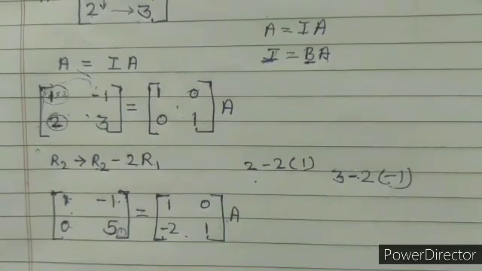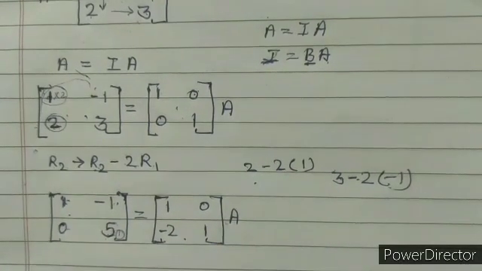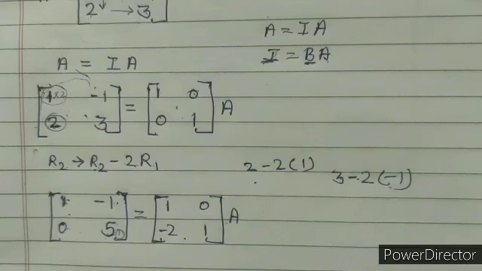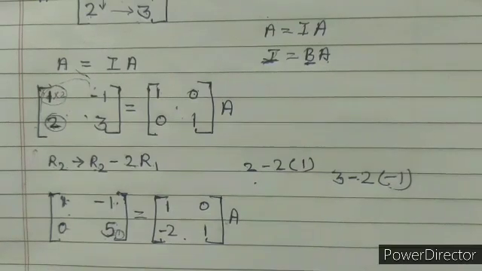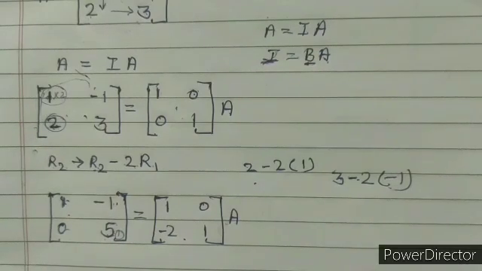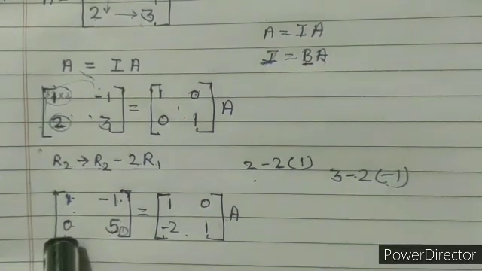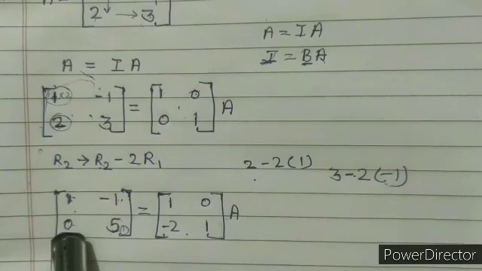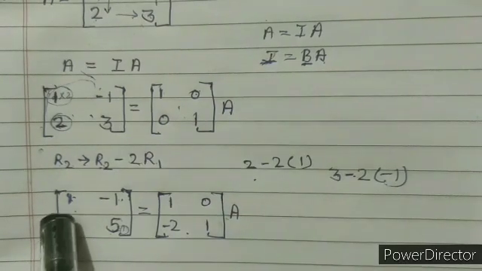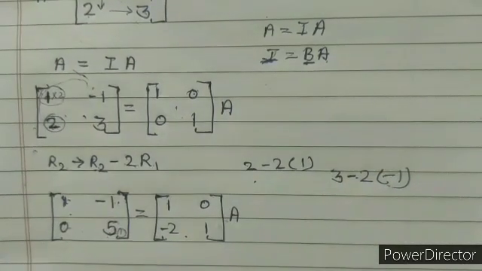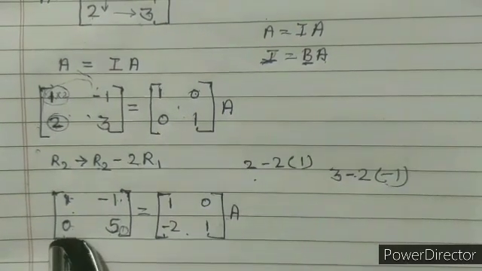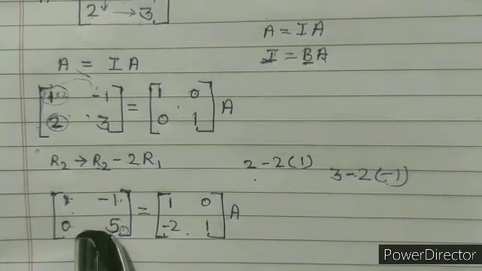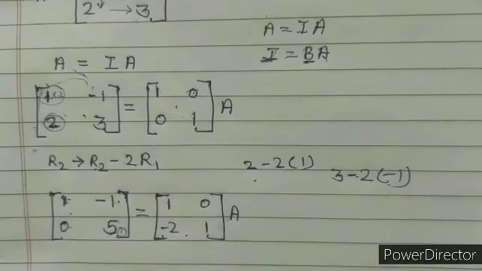If we have already obtained the required element using elementary transformation, we will not use a transformation which will change that required element. That means we cannot add or subtract a multiple of row 1 to row 2.